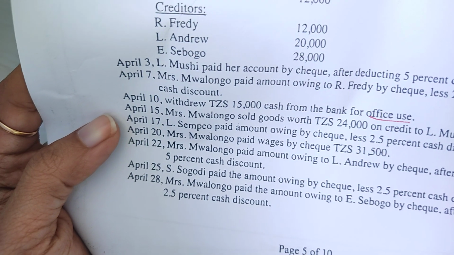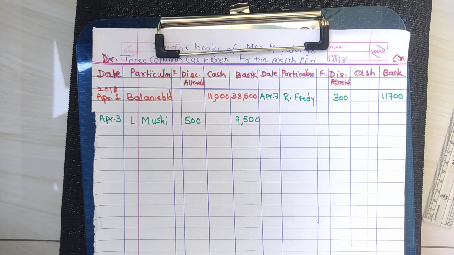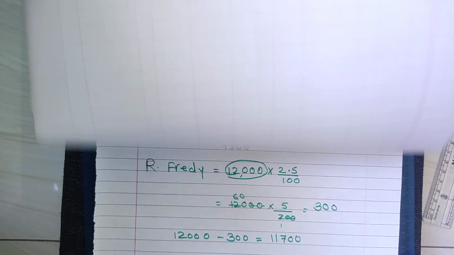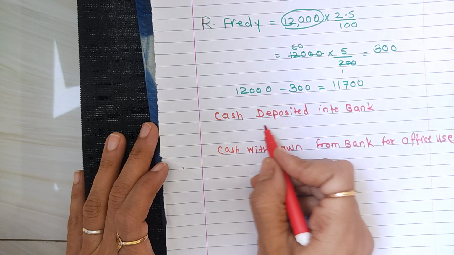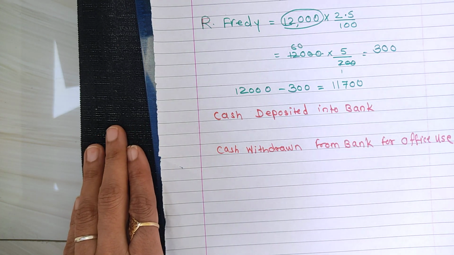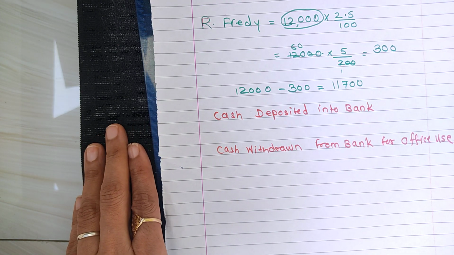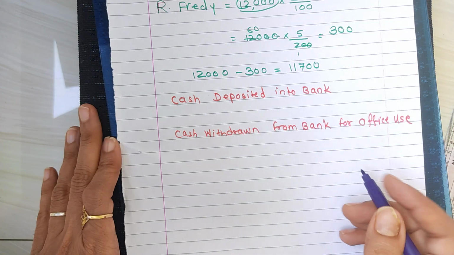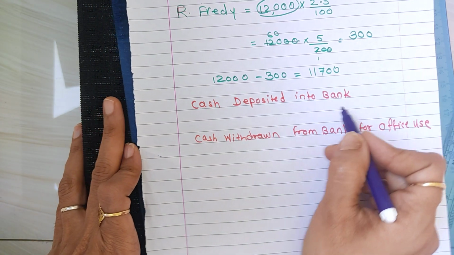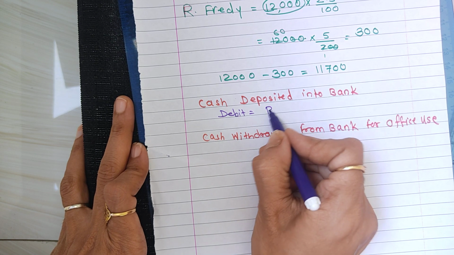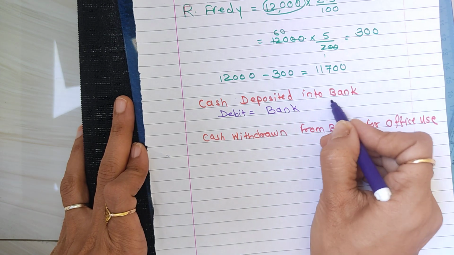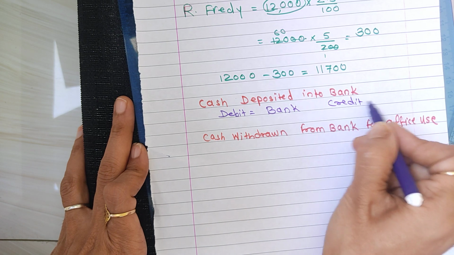See, this is the contra entry. Always remember, there are only two contra entries. One is cash deposited into bank and the other is cash withdrawn from the bank for office use. When cash is deposited into the bank, the account to be debited will be bank, and the account to be credited will be cash.